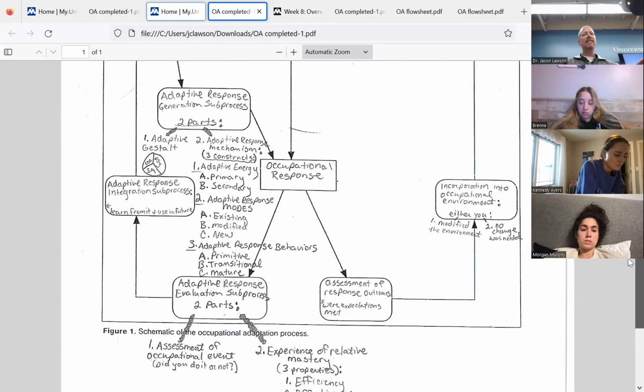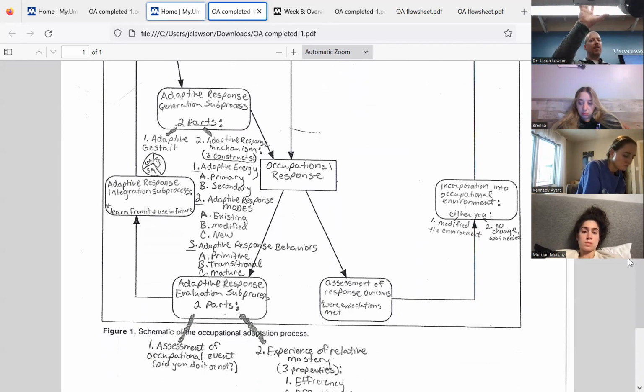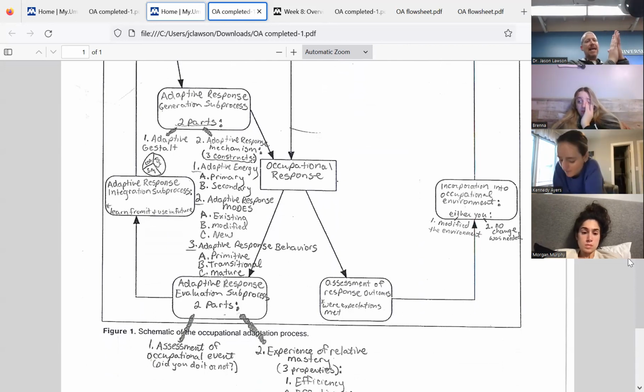So again, we have the adaptive response generation subprocess with the gestalt, with the different person skills and their level of energy, how they react, how they behave. Then they're responding to their occupation, completing their occupation, that's the occupational response, and then they're evaluating: did they do it?